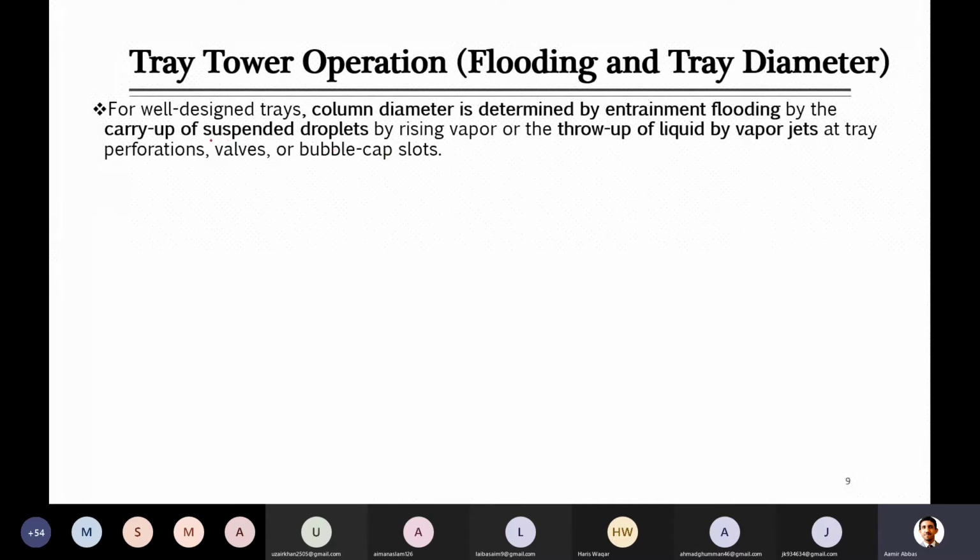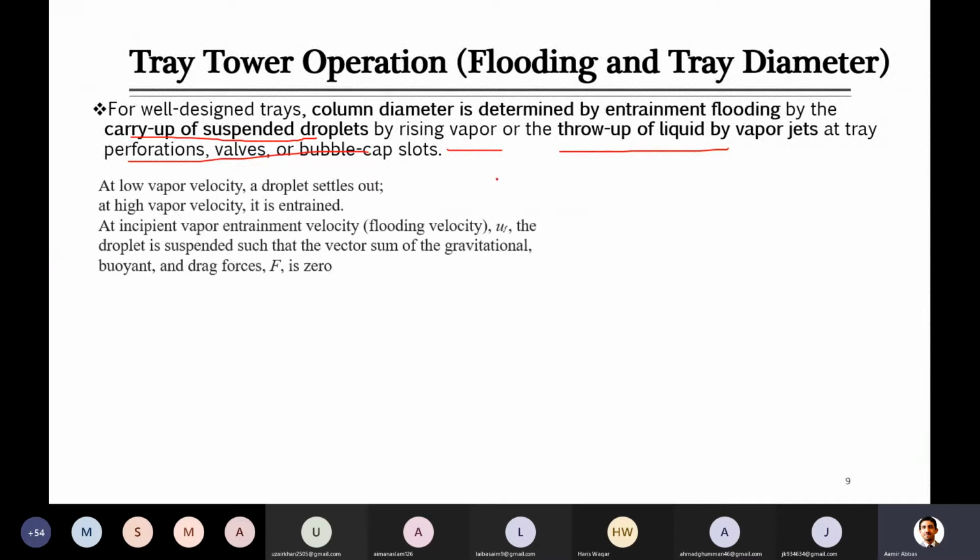This is the carry away of suspended droplets by the rising vapor, or throw up of the liquid by vapor jets, which shouldn't take place at any of the trays, whether valve, bubble, or perforations. Based on that, the diameter is decided.